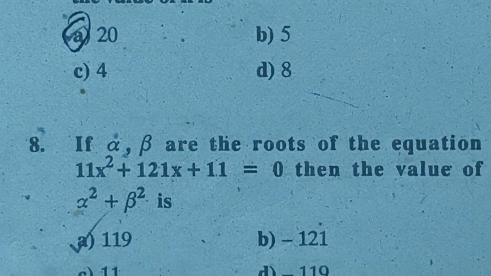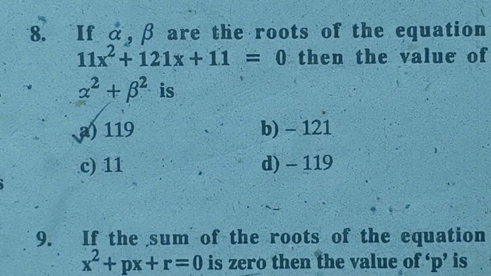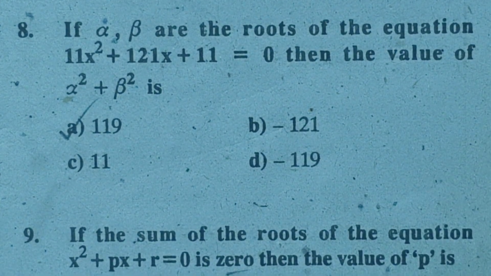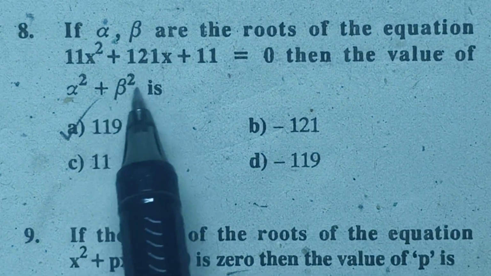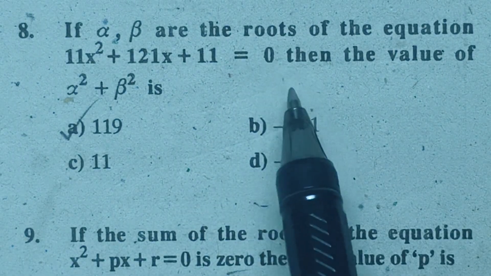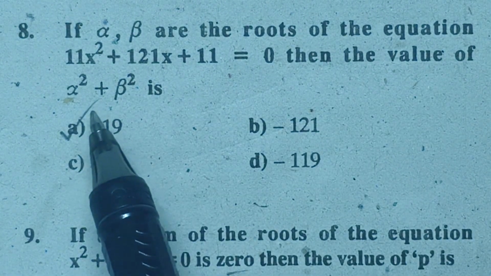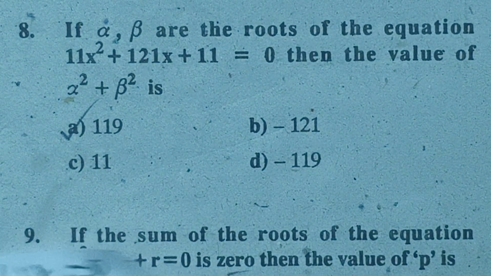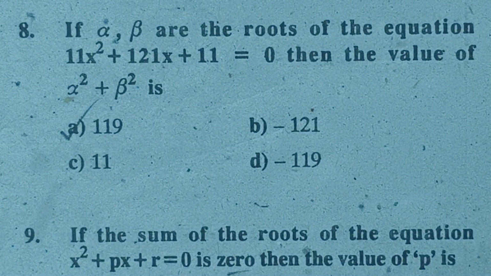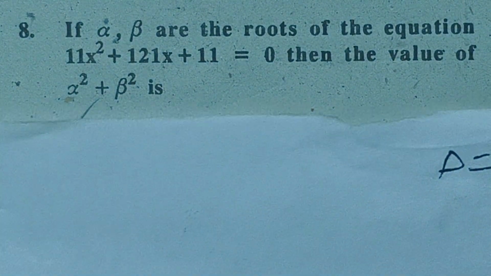Then question number 8. If alpha and beta are the roots of the equation 11x squared plus 121x plus 11 is equal to 0, then the value of alpha squared plus beta squared is? First, we can reduce this equation.